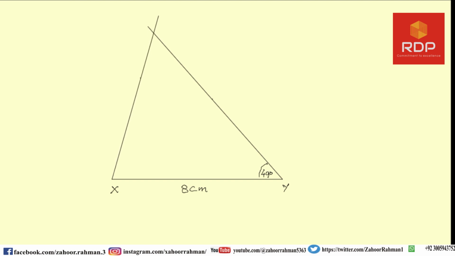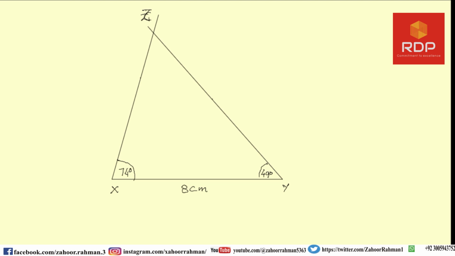If you see, this line is passing from that point, and let us write that it is 74 degree. Now wherever they are intersecting each other, we have to label it as Z. So it will be Z not C, because the triangle is XYZ.